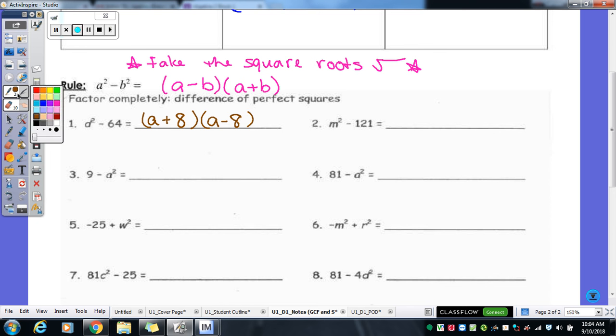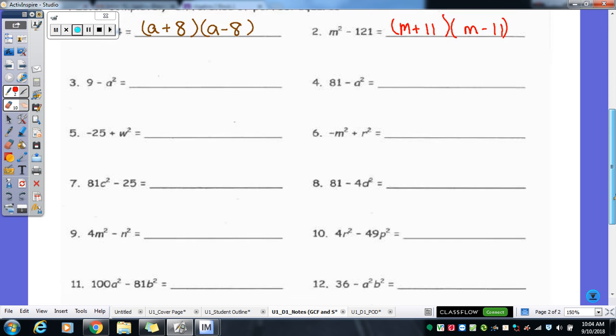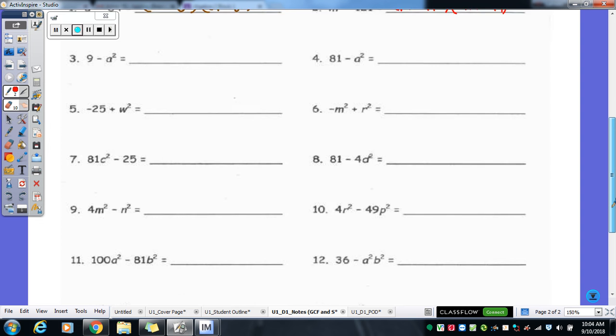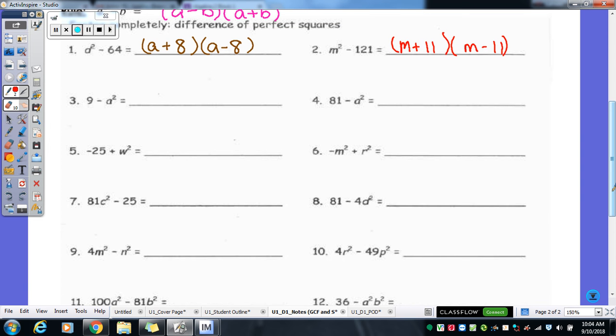How about number 2, the one to the right of it? Are those perfect squares? Yes. Anybody that got it yet for number 2? Good. Because we aren't going to have enough time to do all of the classwork that I wanted to do, let's look quickly at 5 and 6.